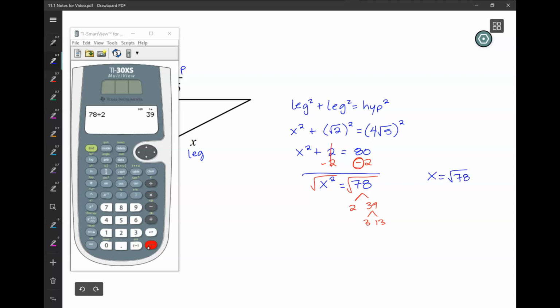X is just the square root of 78, or if I want a decimal, 8.83, 8.8 about.